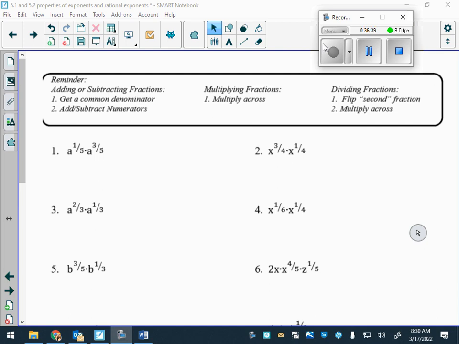We're going to do some practice on all exponents and this rational exponents stuff before moving into rewriting. So we're good, but still not quite there yet.